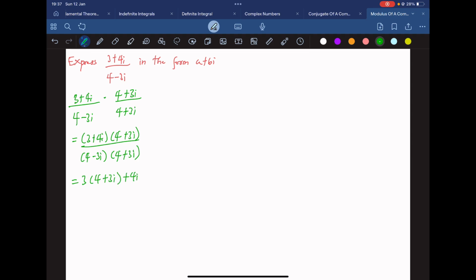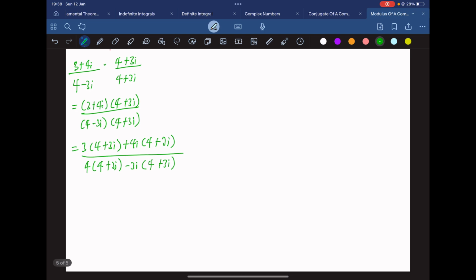In the second term, this 4i will multiply everything here. So we have 4 plus 3i. Then we divide by, again, we have 4 multiplying everything, 4 plus 3i. Then we have minus 3i multiplying 4 plus 3i.